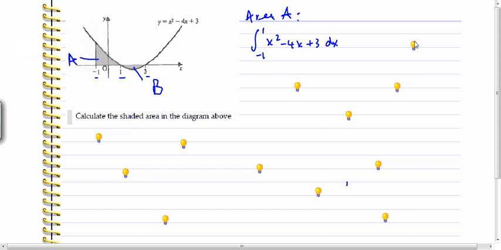Just integrating that, applying the rules of integration, add 1 to the index and divide by the new index, we get x cubed over 3 minus 4x squared over 2, which becomes minus 2x squared, and 3 becomes plus 3x. We put our square brackets and write our boundaries, 1 and -1.